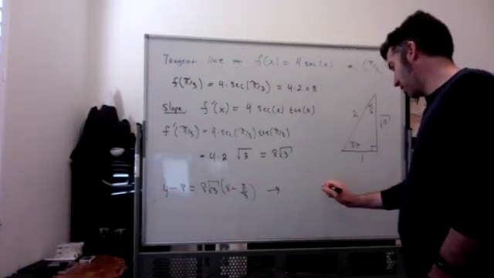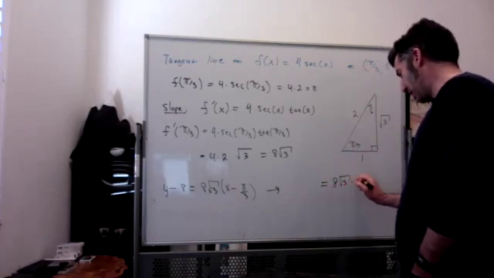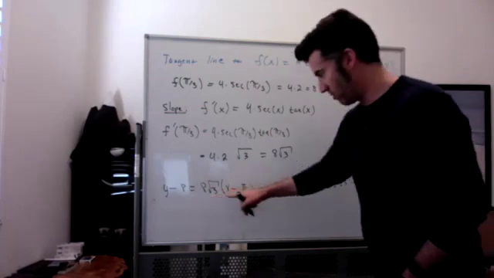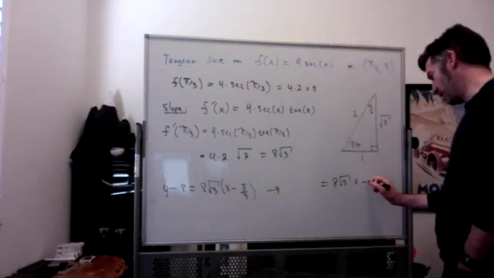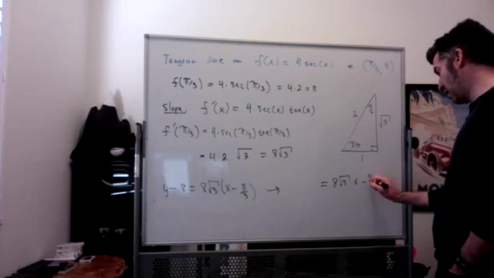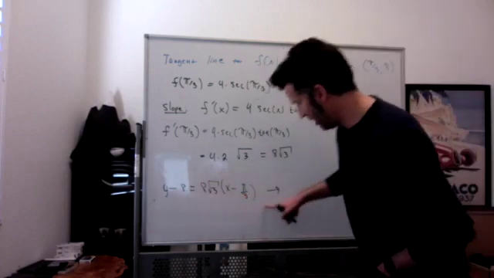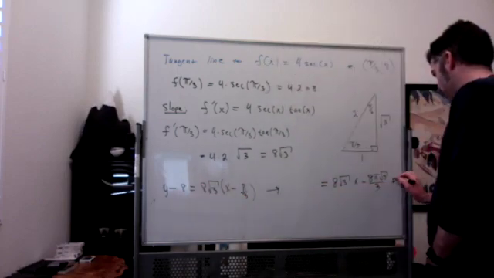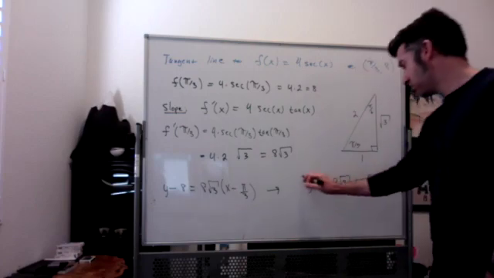So on the right-hand side, we're going to get 8 root 3 times x, and then 8 root 3 times negative pi over 3, which is kind of terrible. So minus 8 pi root 3 over 3, and then we have to add 8. So this is your gross answer to this problem.